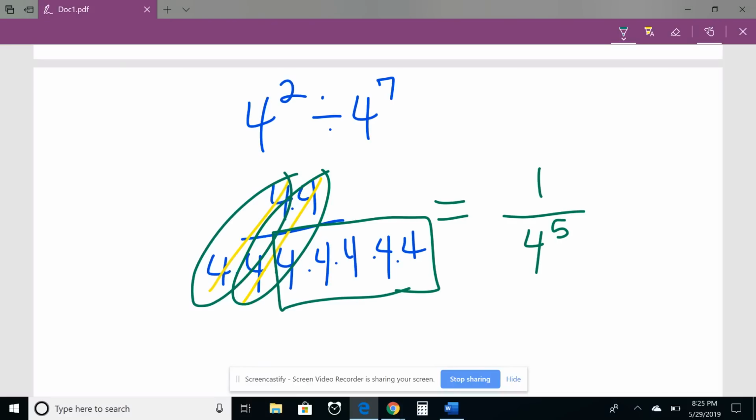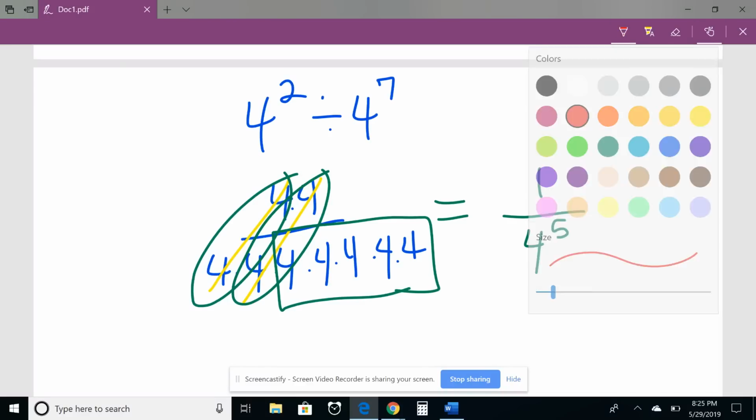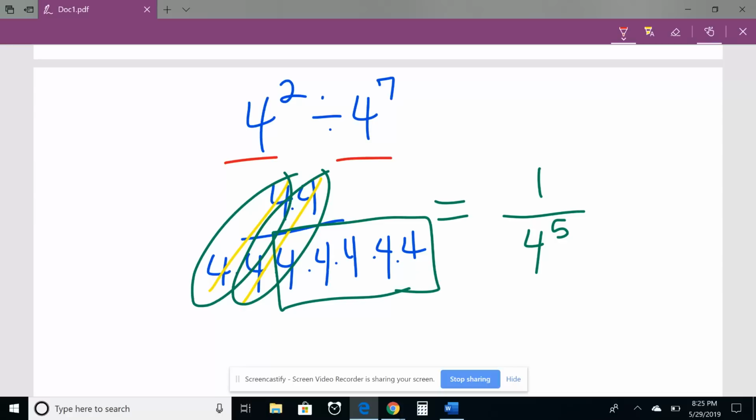Now, if we used our shortcut rule, we would keep the base and subtract the exponents, and that would be 4 to the negative 5th. So that actually covers a different rule we were going to cover, which is negative exponents.